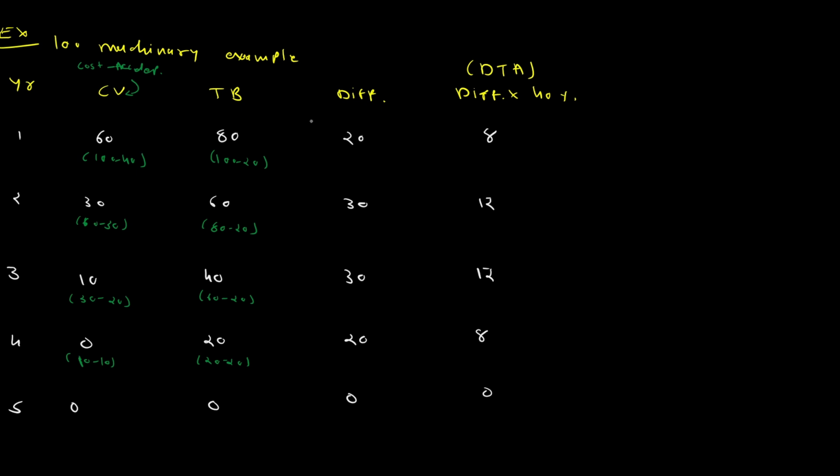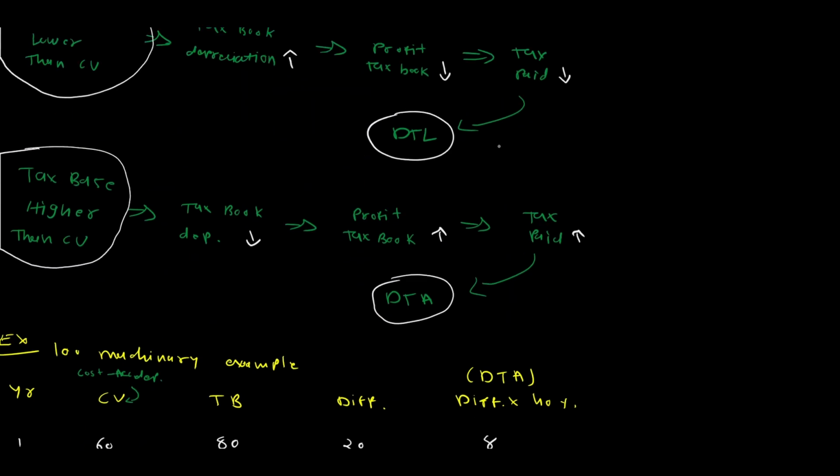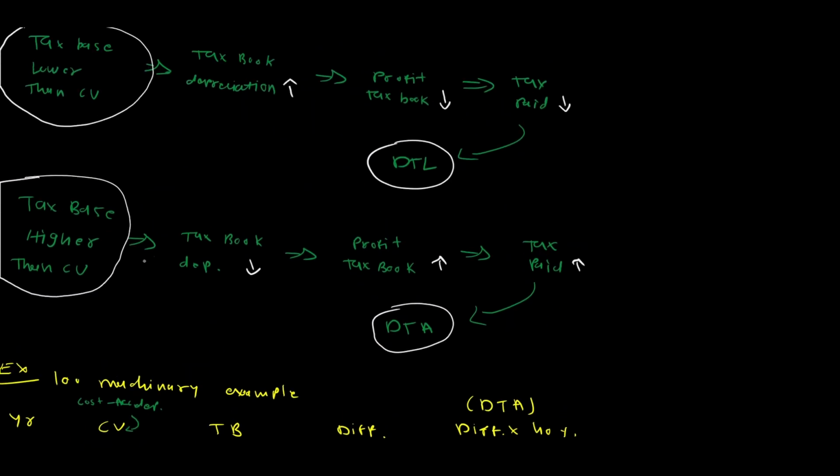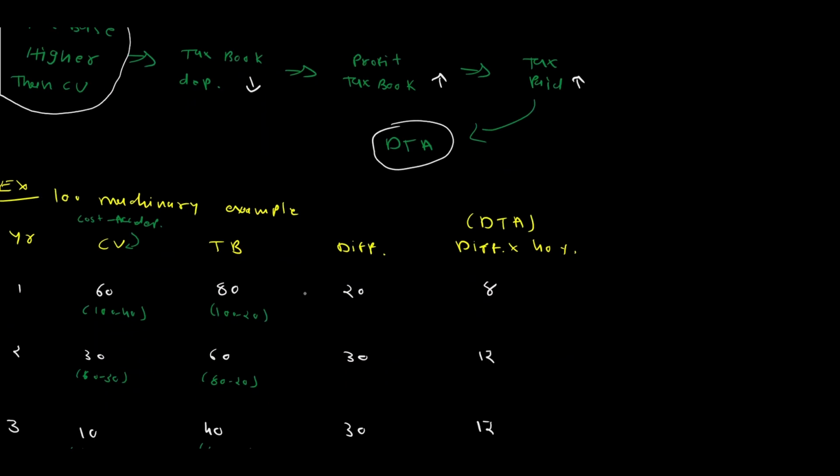You can calculate either side, whichever you like. So 80 minus 60, 20 is the difference. 20 multiplied by 40%, 8 is my DTA.